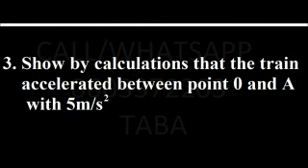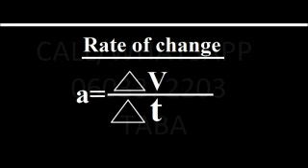Instruction number 3 says we must show by means of calculation that the train accelerated constantly by 5 meters per second squared. Since we know that acceleration is the rate of change in velocity, we can take any value of velocity within the constant acceleration points and divide that value by its time value in order to get the acceleration.